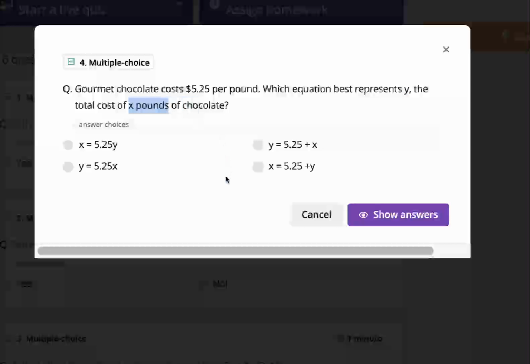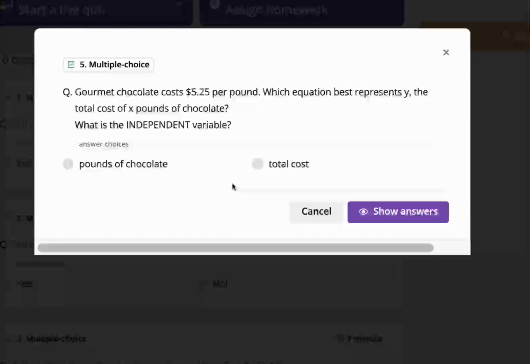So we have x is the independent variable. We'll multiply x, the number of pounds, by the price of 1 pound to get the total cost. So y equals 5.25x. I answered the next question when I was explaining the previous one. The independent variable is x, which is the number of pounds of chocolate.